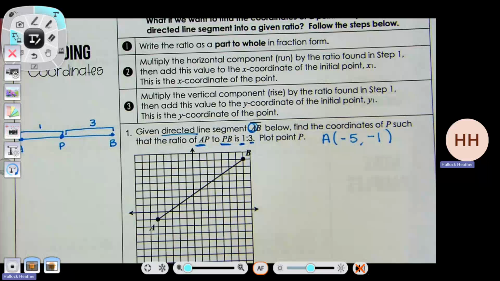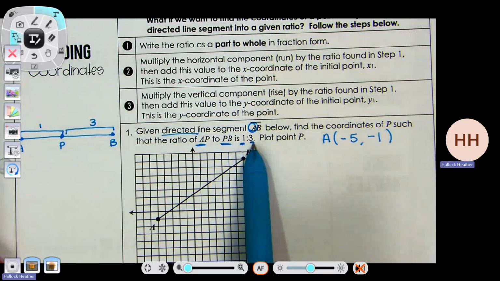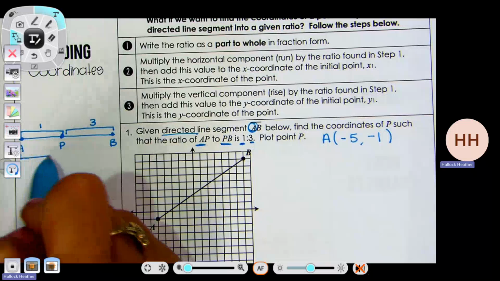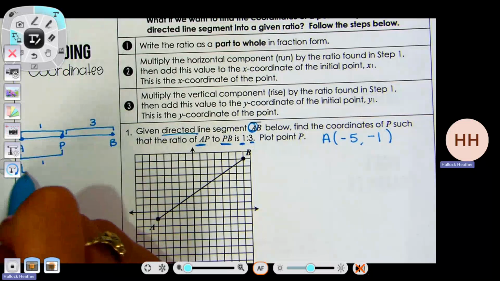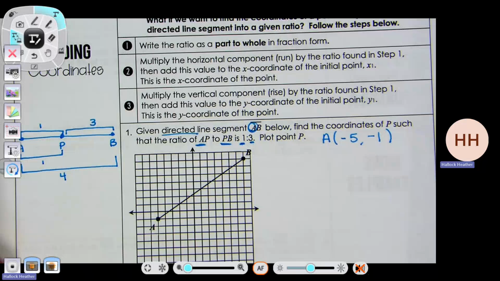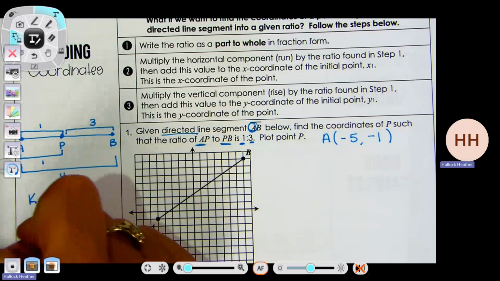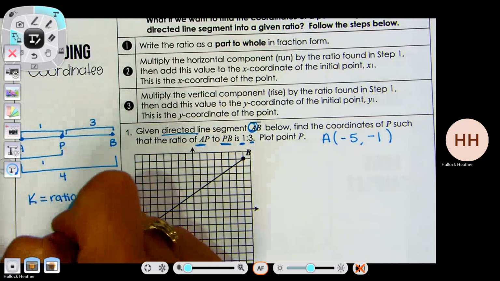I need to change this. This is part to part. I need to change it to part to whole. So instead of 1 to 3, what would this actually be if this piece is 1? What would the whole piece be? 4. So the fraction I'm actually going to use is 1/4 because there's 4 total pieces. So it's called your K, which is your ratio, is 1/4.